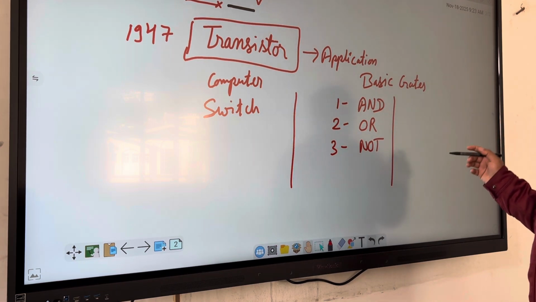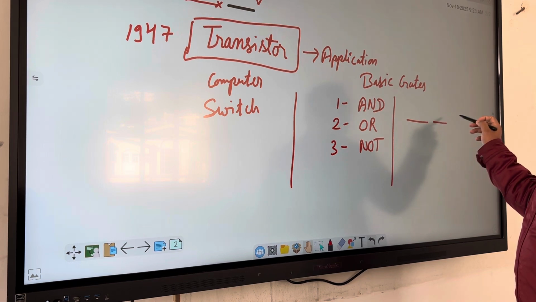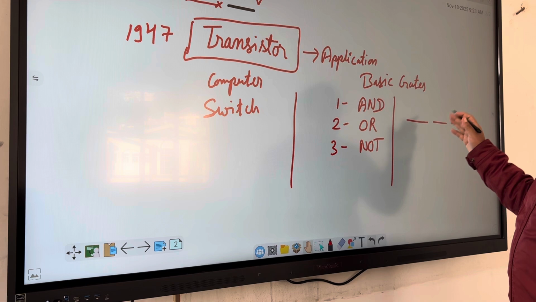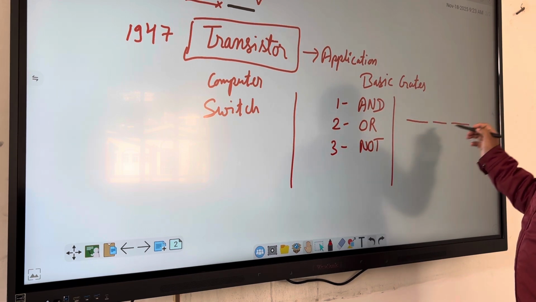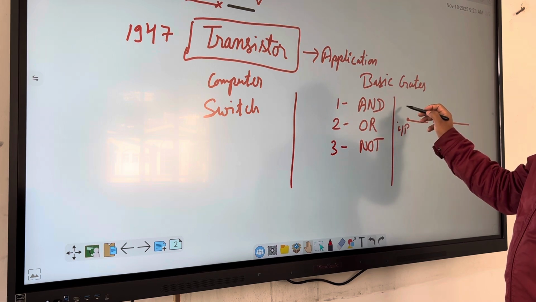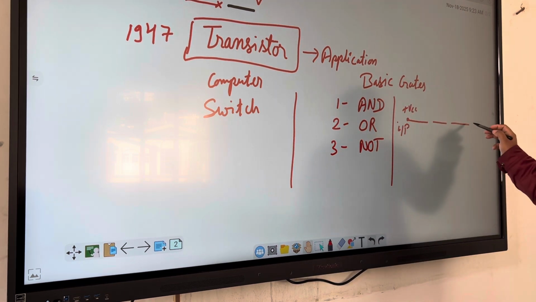So what is the basic logic of AND? Consider a wire that is broken at two places. This is your input side, where a battery is connected, and this is your output side.